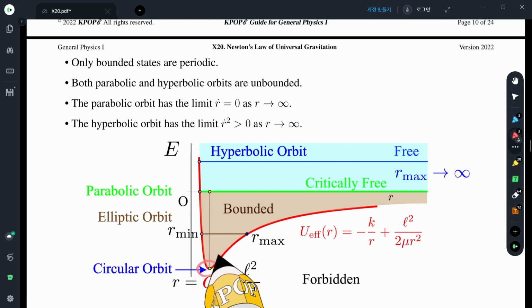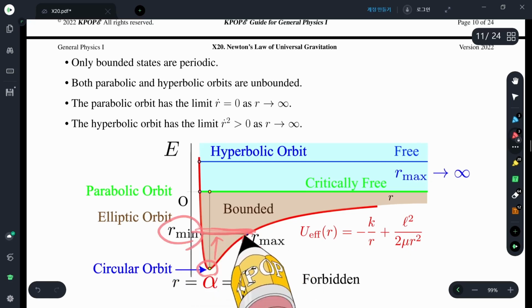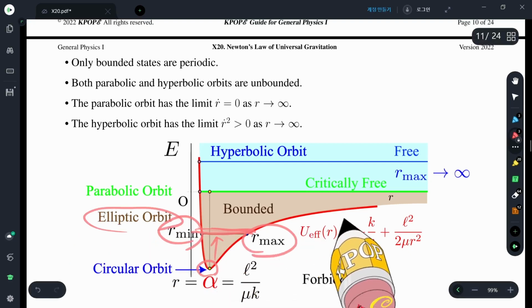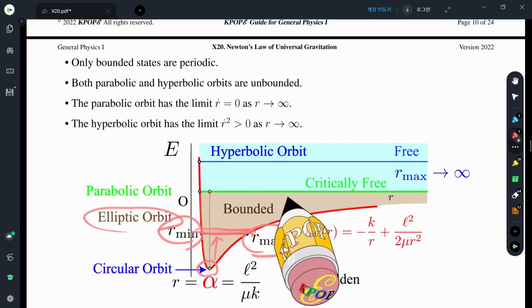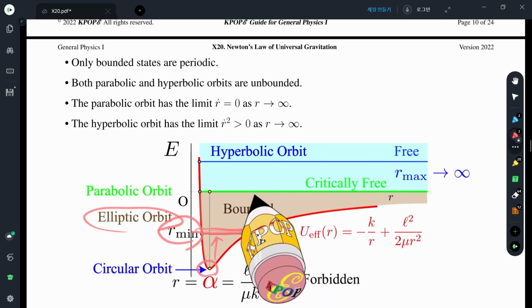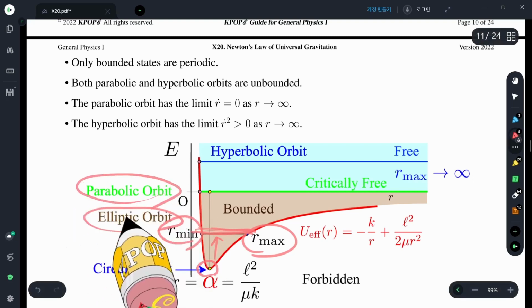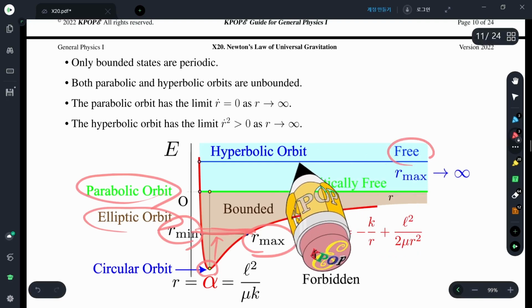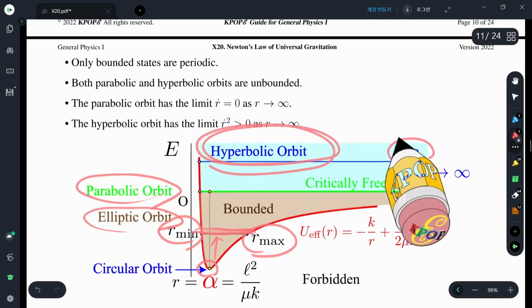If the energy increases, it ranges between the minimum radius and maximum radius, that is the elliptic orbit, and then it barely leaves the attractive force of gravity, which is called the parabolic orbit, and a completely free particle is called the hyperbolic orbit.